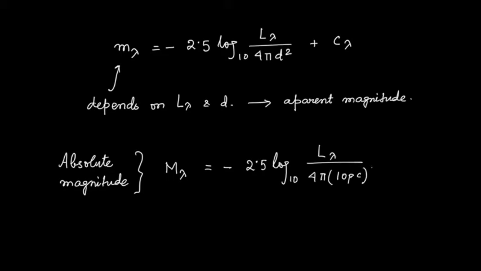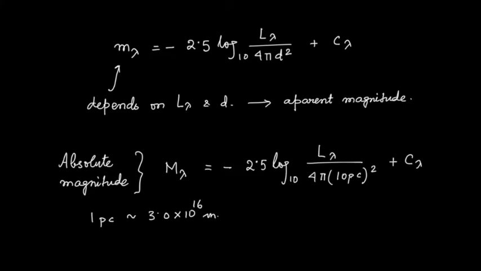Now, from the quiz that you had, you have seen that 1 parsec is 3.0856 into 10 to the 16 meter. It is an astronomical unit.